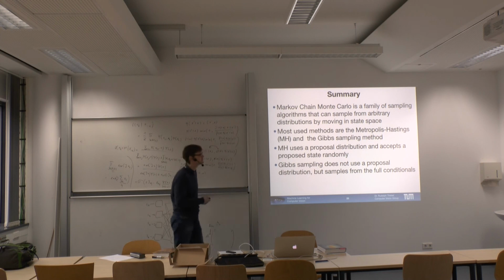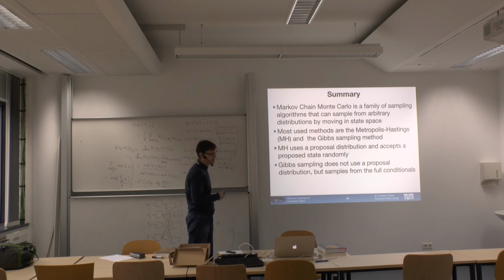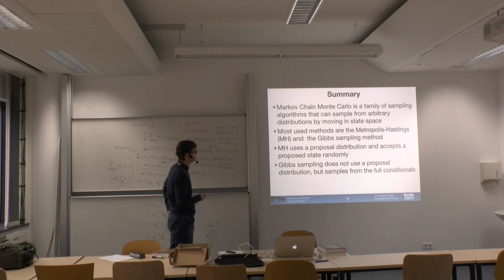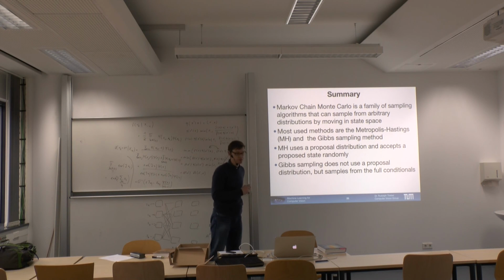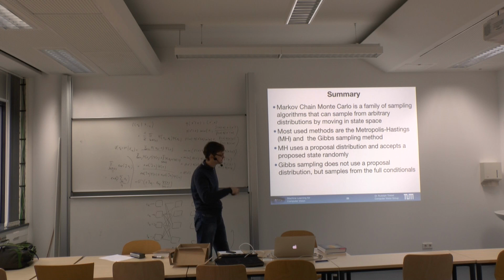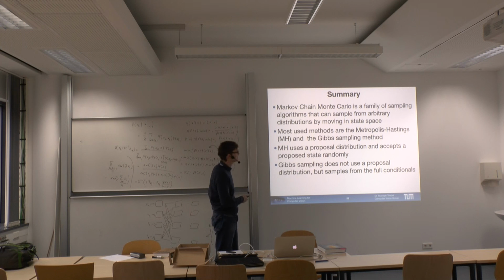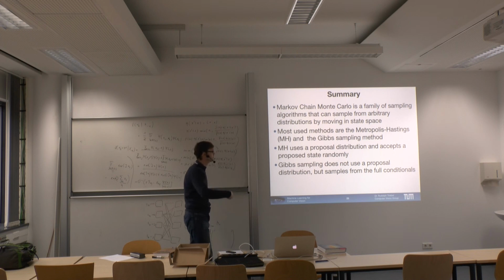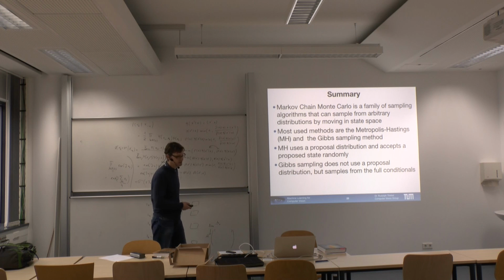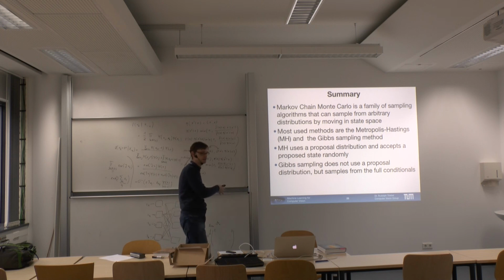And this is just to summarize. The MCMC algorithm is a family of sampling algorithms that can sample from arbitrary distributions by moving in the state space. The idea is to have a proposal distribution that moves from one state to another state, and then we have an acceptance probability that is computed with the target distribution and the proposal distribution.